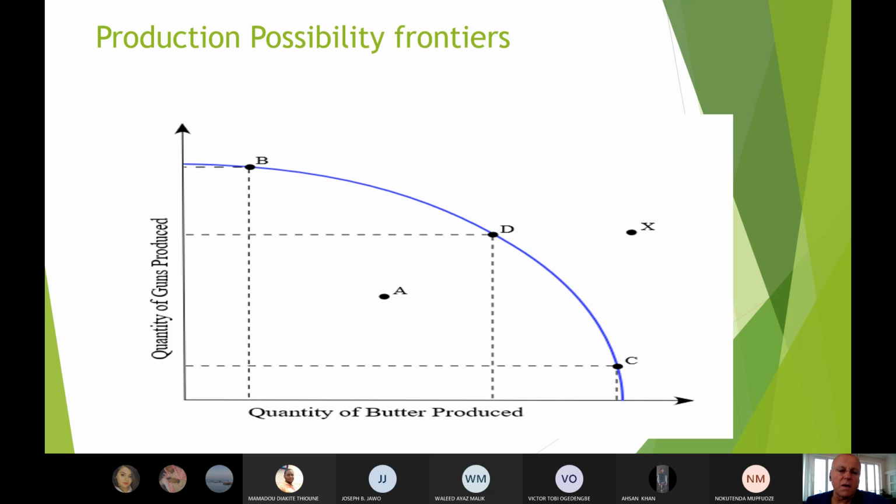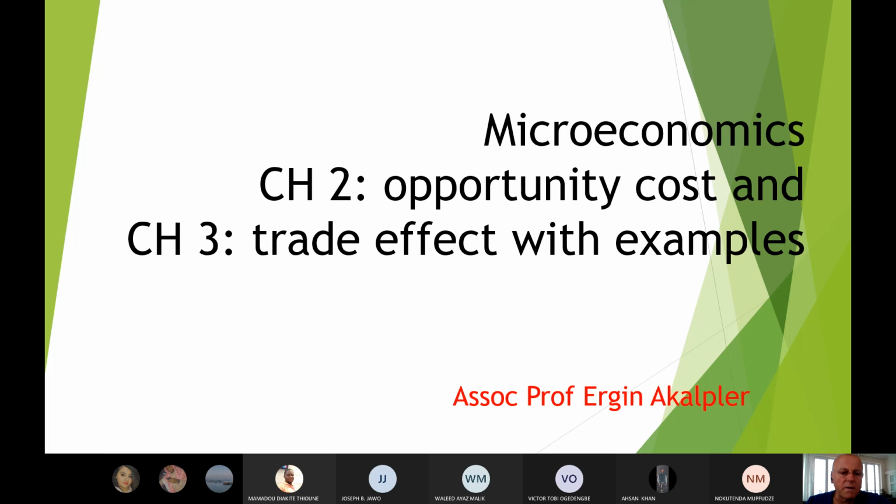Okay. Today, as I said to you, I will give you chapters 2 and 3. In the last lecture we covered David Ricardo and Adam Smith, the comparative advantage and absolute advantage theories. Today I'm going to combine these two together and give you an example to see the impact of this trade on the economy.